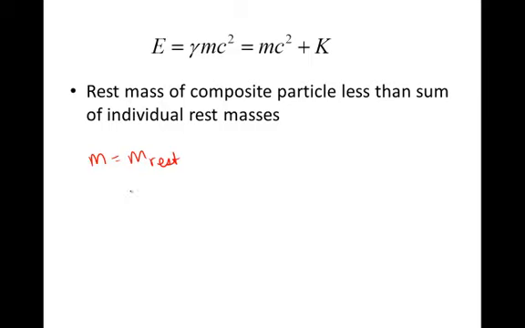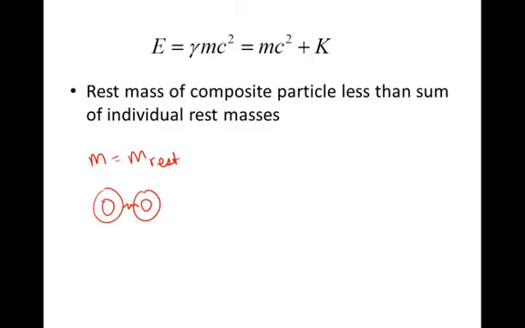So let's go with the example of an oxygen molecule. It's made up of two oxygen atoms that end up getting bound together. And if we were to measure the rest mass of an individual atom, you would think that the rest mass of the O2 molecule would just be twice the mass of the individual atom.